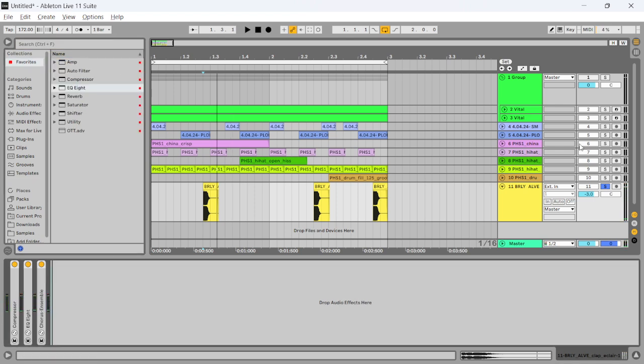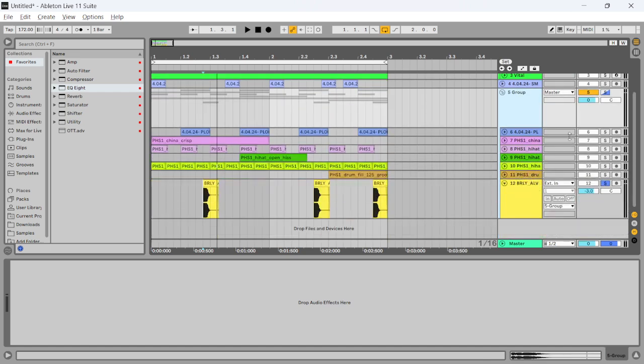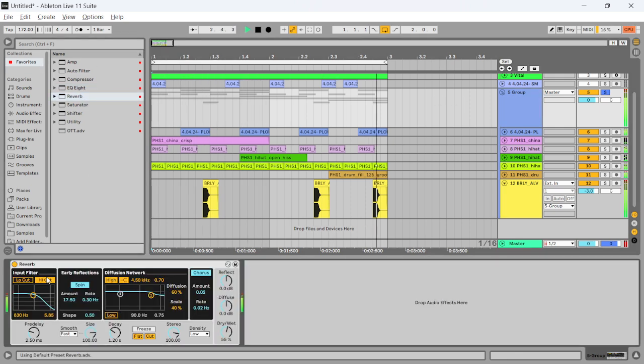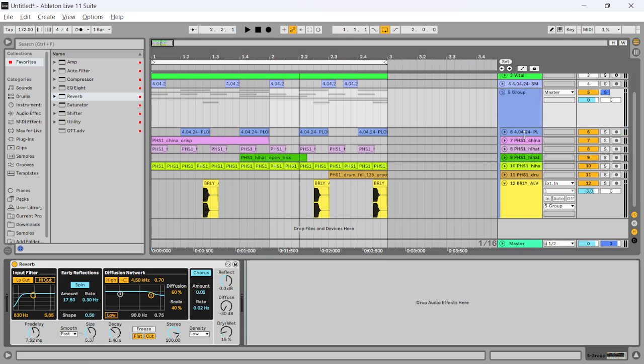And other than the kick drum, I want everything to have a bit of room. I know this is not very noticeable, but trust me, it works.